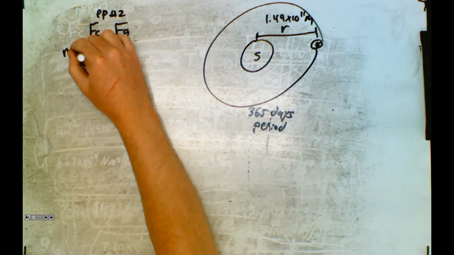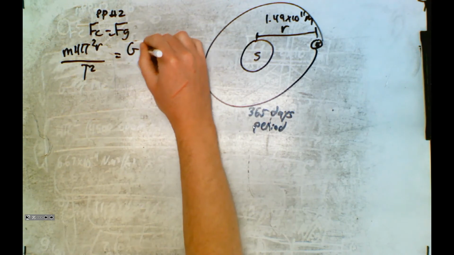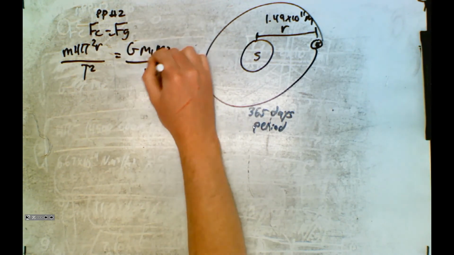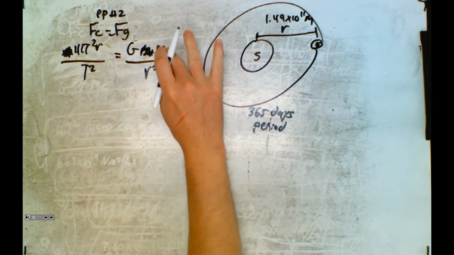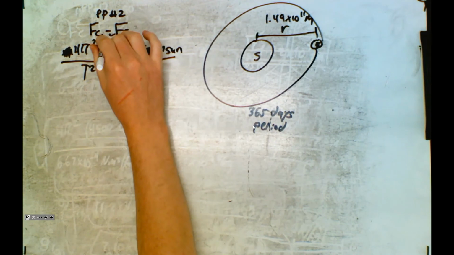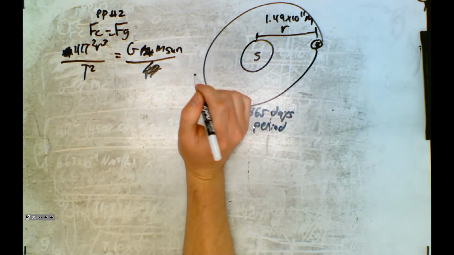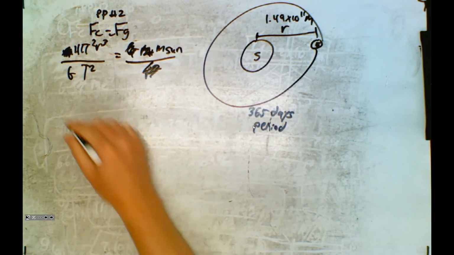So we're going to use m 4 pi squared r all over t squared equals g m1 m2 all over r squared. Mass of the Earth cancels out because that's our orbiting body. And what we're left with is the mass of the sun. And that's what we're trying to find. So move the r up there to make it r cubed. Move the g down below. And we're ready to roll.